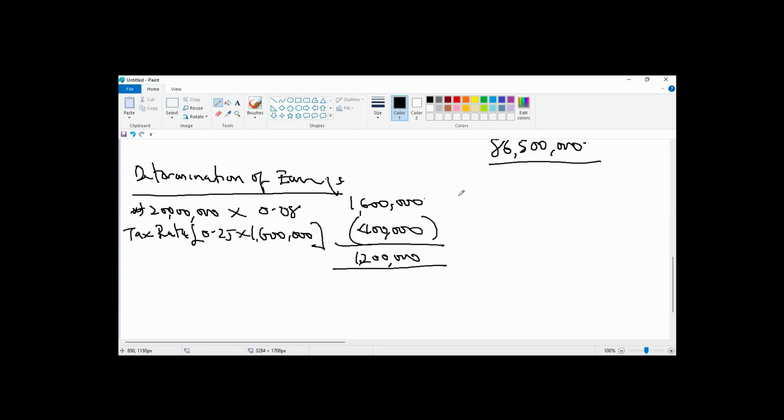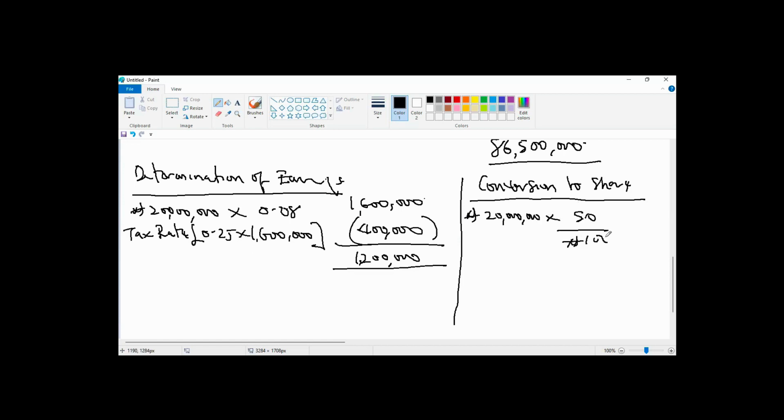What is the conversion term? For the principal amount of 20 million, how many shares are we giving back? The basis of conversion will be given in the question. According to this question, 50 shares per 100 naira. Don't forget, shares will go up. This will give me 10 million.